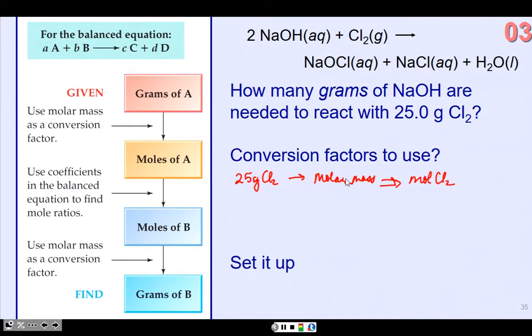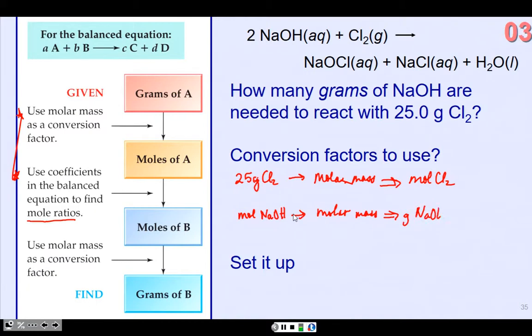That would be the molar mass right here. We will also need the coefficients from the balanced equation. That gives us what we call a mole ratio. And once we have the moles of sodium hydroxide, we'll end up with moles of sodium hydroxide after a certain step. We'll look at that more carefully. And then we will again use a molar mass to get the grams of sodium hydroxide.